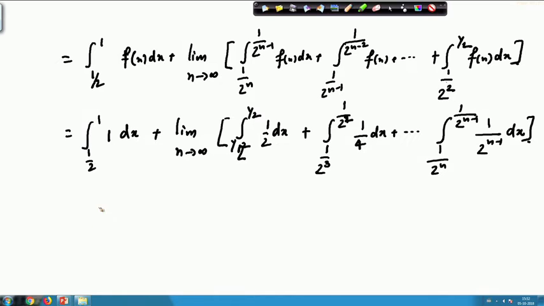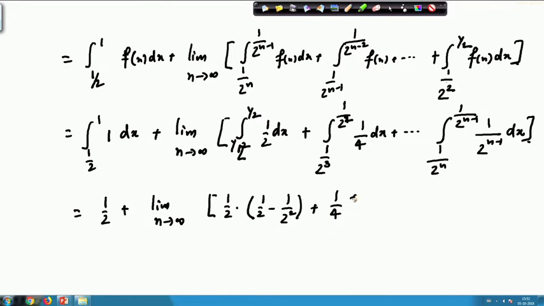So the first integral is half, and here it will be limit n goes to infinity, 1 by half times half minus 1 by 2 to the power 2, then 1 by 4 times 1 by 2 square minus 1 by 2 to the power 3, plus it will continue.